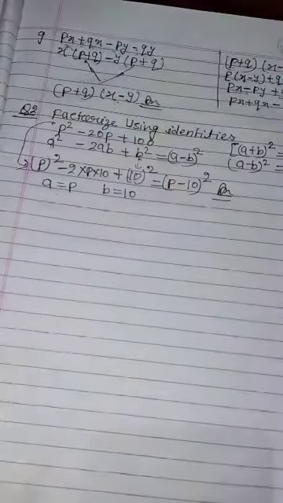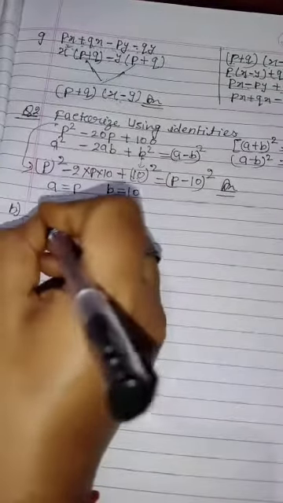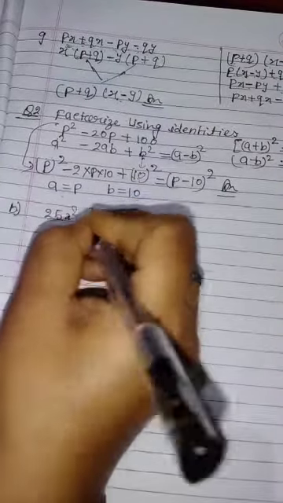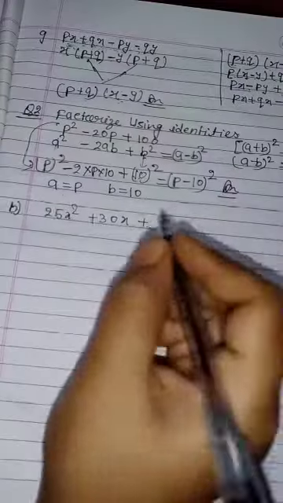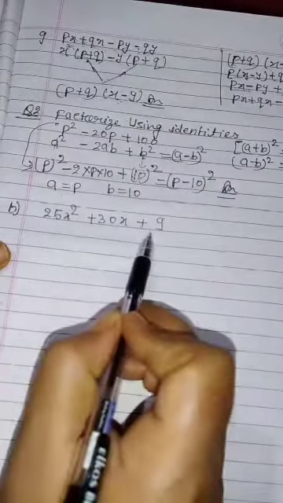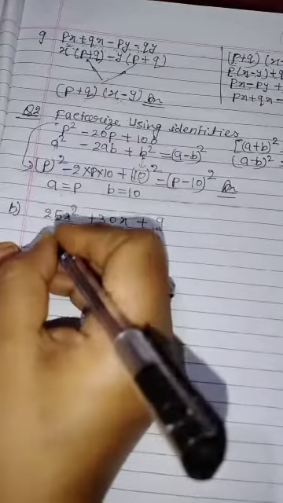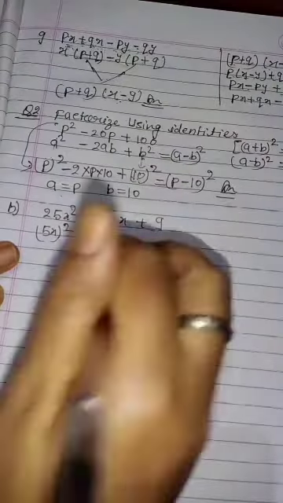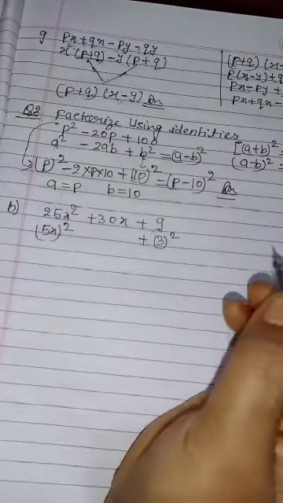Now come to the b part of this question. See, now the b part, 25x square plus 30x plus 9. First of all, try to see whether these are the squares of any number. Yes beta, these are the square of 5x. I can write this as (5x) square, and this as 3 square, plus 2ab.